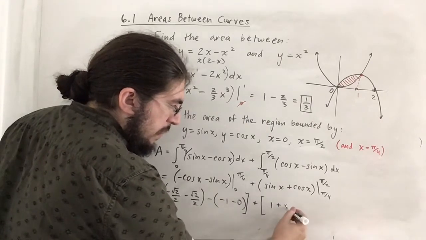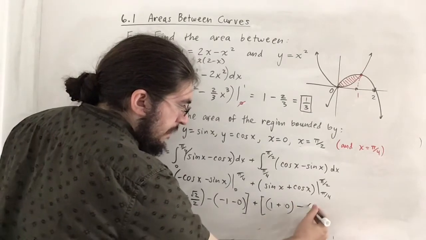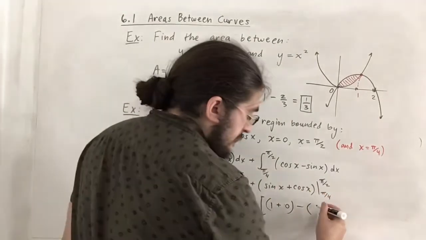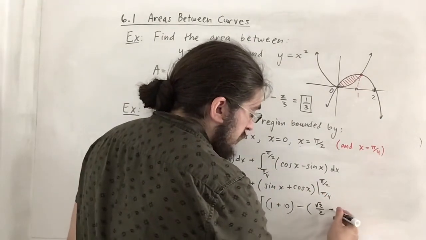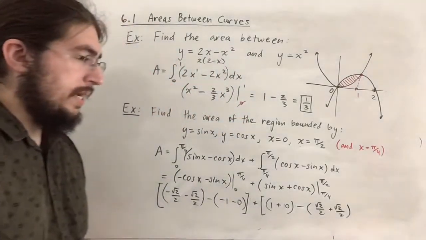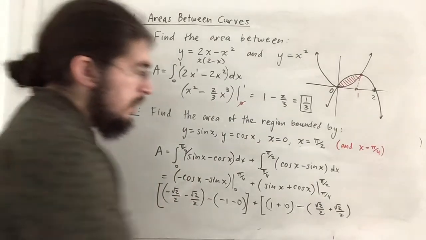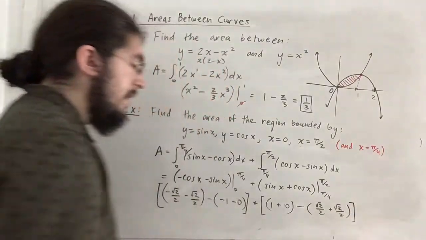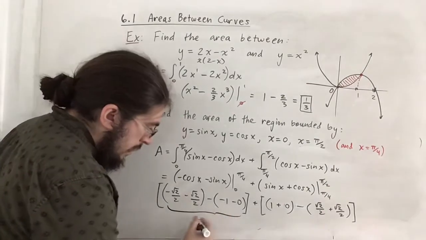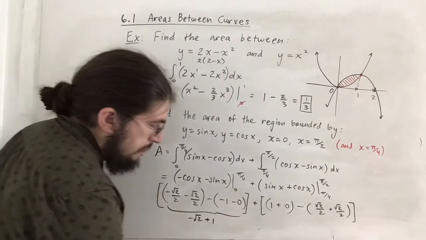Minus the second evaluation, where they're both at pi over 4, which is radical 2 over 2. Radical 2 over 2 plus radical 2 over 2 is just 2 times radical 2 over 2. The 2 in the bottom cancels, so you end up just getting radical 2. So once all is said and done, what we end up getting here is negative radical 2 plus 1.